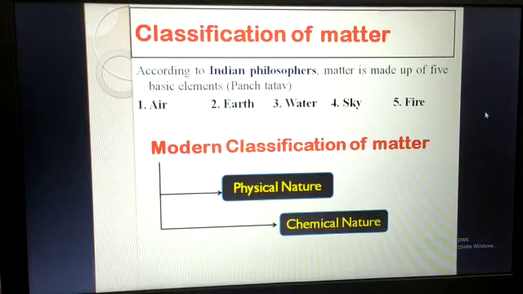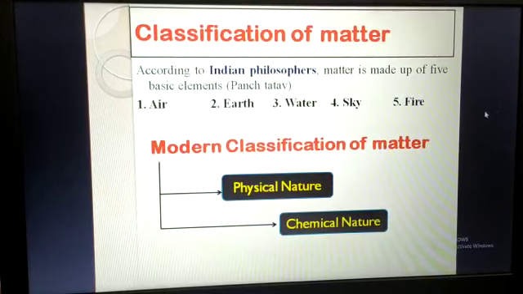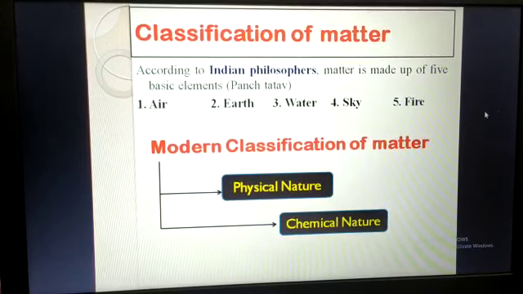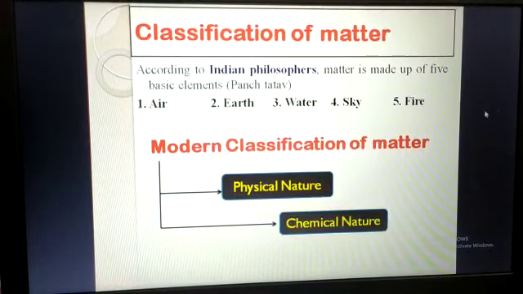Right? Later on, ancient philosophers considered all forms of matter to be made up of 5 elements. What are the 5 elements? They are sky, air, earth, water and fire. In Hindi, you can call them Akash, Vayu, Kshiti, Jal and Agni.